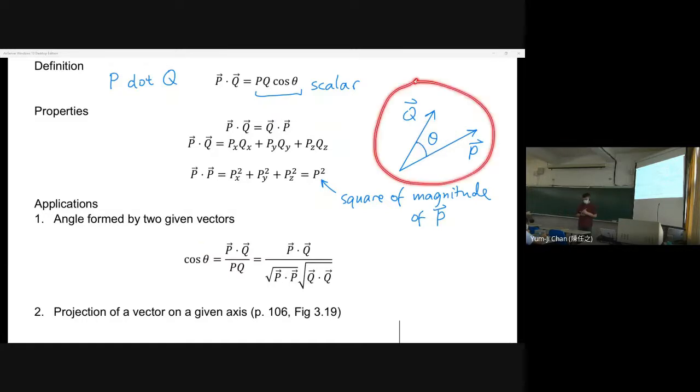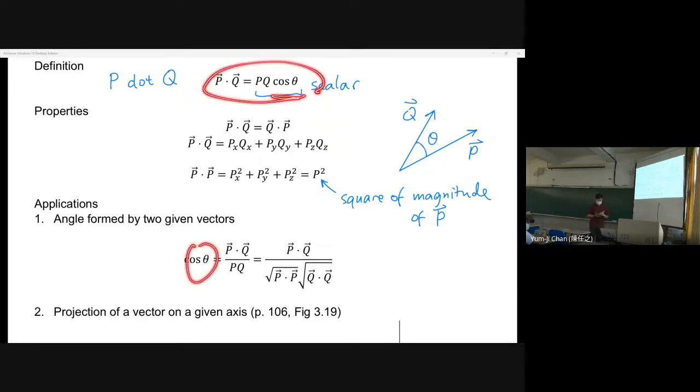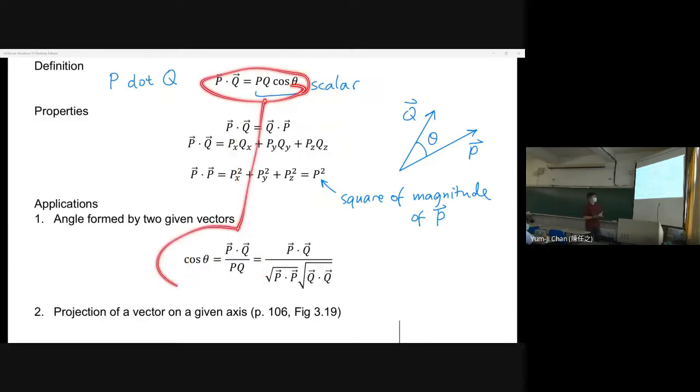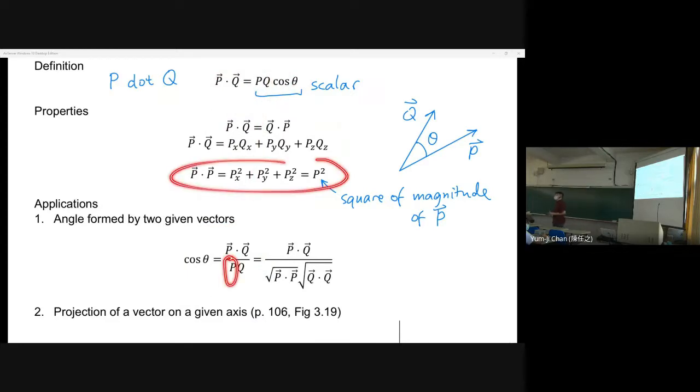So let's say these two, P and Q, are in 3D, and we want to determine the angle theta between the two vectors. Because the definition is here, we can simply write this. You just move the terms around, and you'll get this. And as I've said, if you want to get the magnitude of P, then P squared is equal to P dot P, and Q squared is equal to Q dot Q. So we can simply write it in this way.